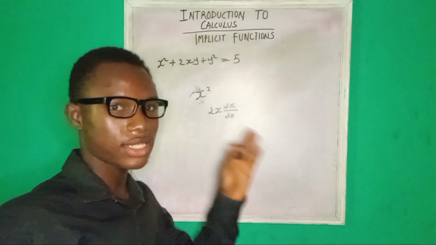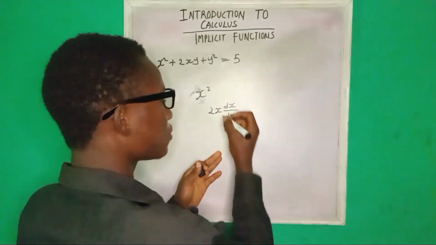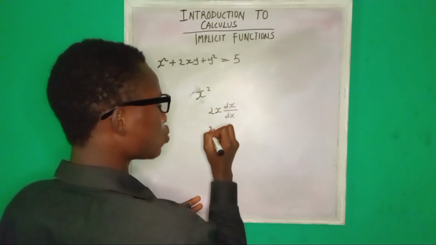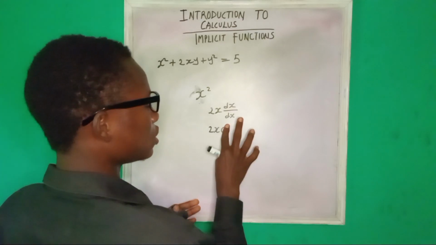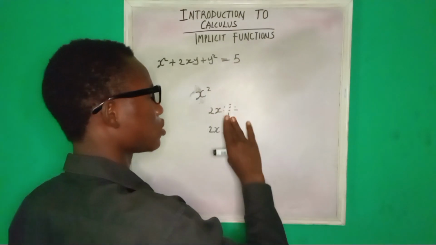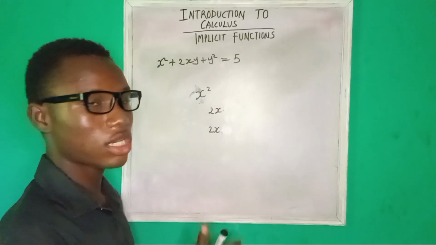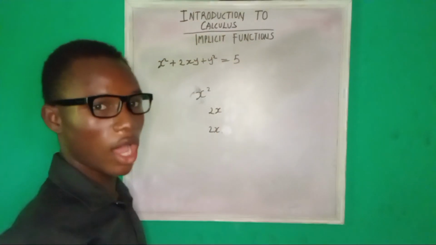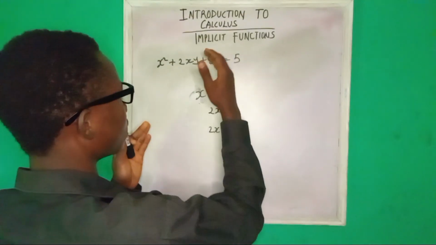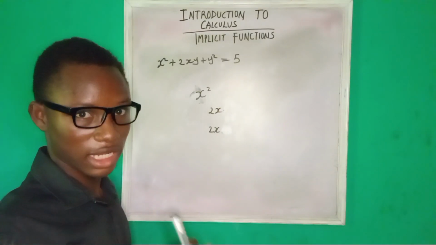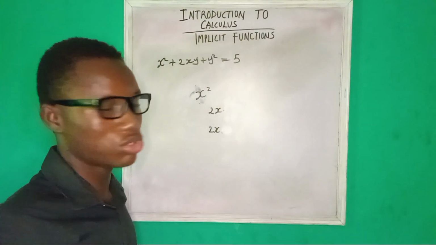But the dx over dx is mostly left out because it is actually 2x times 1, which is the same thing as 2x. So that is why it's not mostly mentioned in calculus and other parts. But when it comes to differentiation of y, we have to mention that the dy dx is at the back because we cannot cancel each other out.